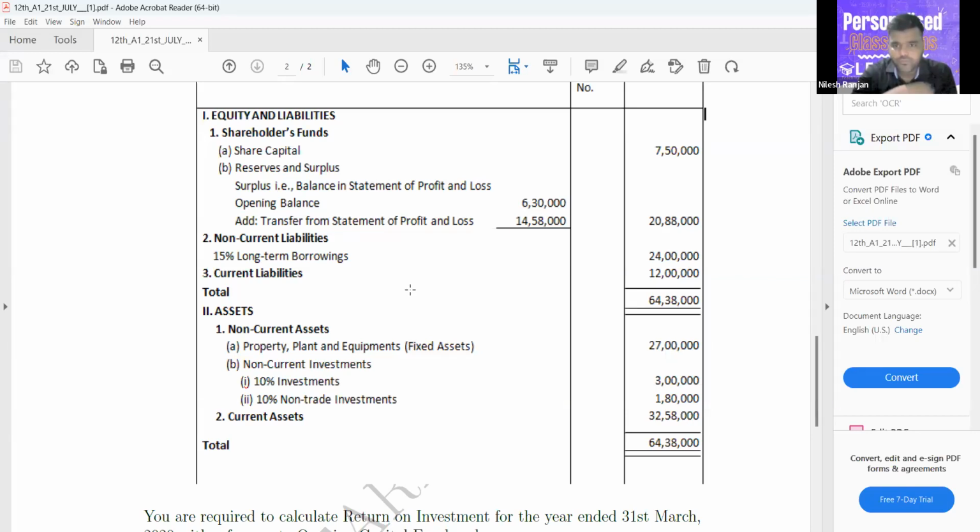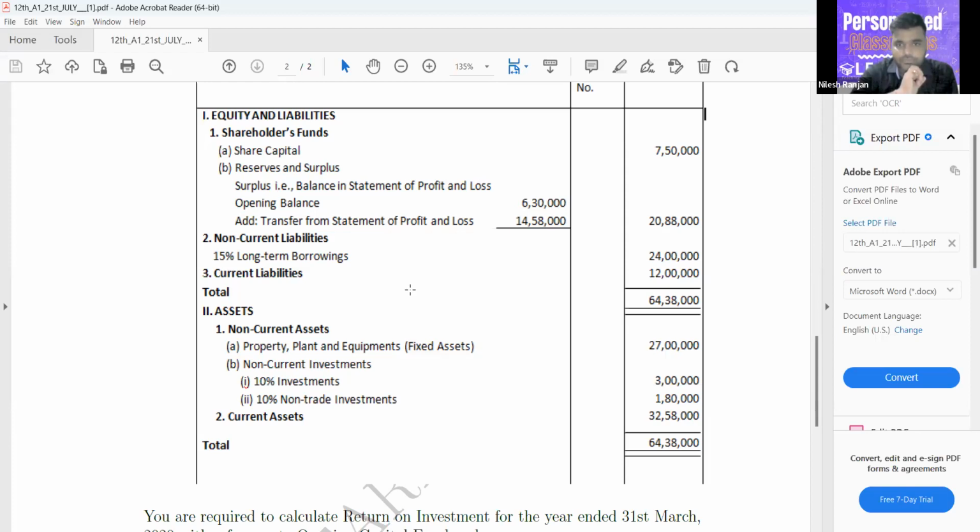If there is no appropriation of profit transferred to general reserve or any other reserve, then we transfer all of the profit to reserve and surplus. So that's why the transfer from statement of profit and loss is our current year profit.